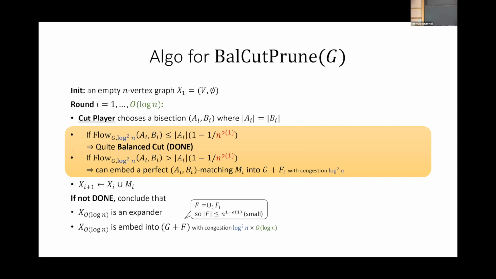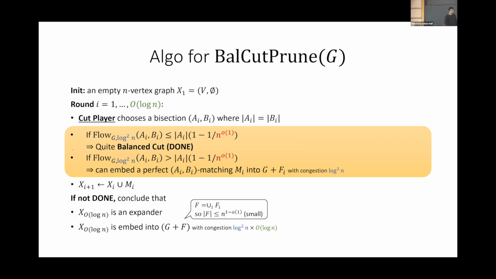You also know that this graph X is an expander that can be embedded into this graph G with some few fake edges. The congestion for this embedding is going to be just log square times log n, because at each round the matching has log square congestion, and there are just log n many iterations. So the total congestion is still small.